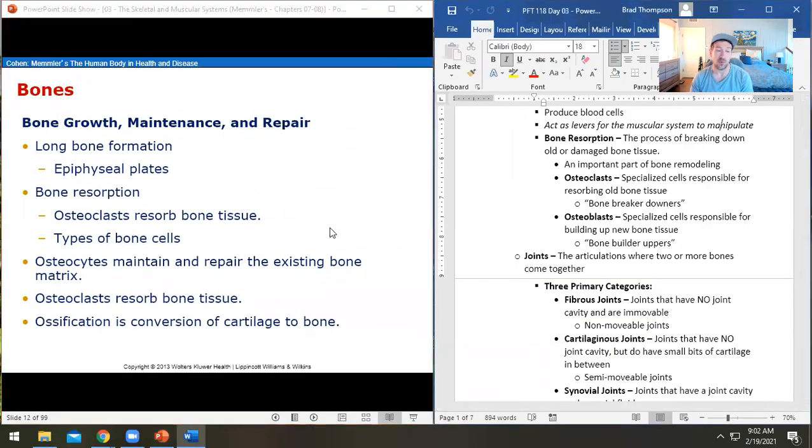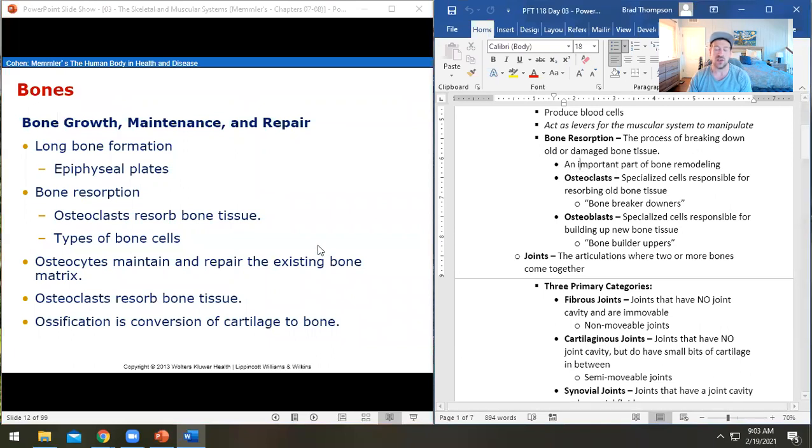Now, one of the most important things we need to talk about is that one of the things we try to trigger in our clients is helping them maintain or generate greater levels of bone density, right? So we are trying to have our clients have the densest bone possible. The denser your bone is, the less likely it is to fracture under certain types of stresses.